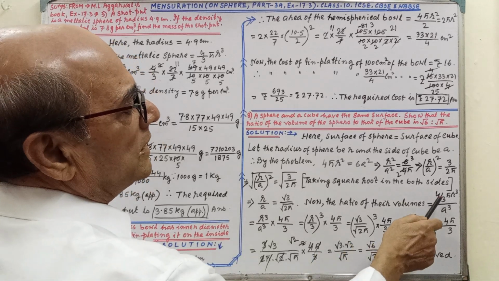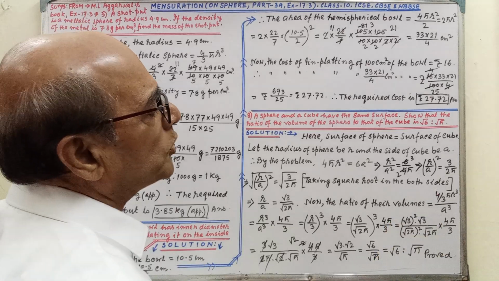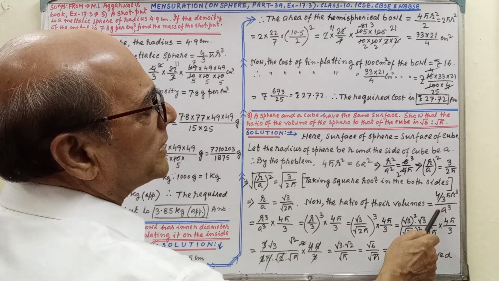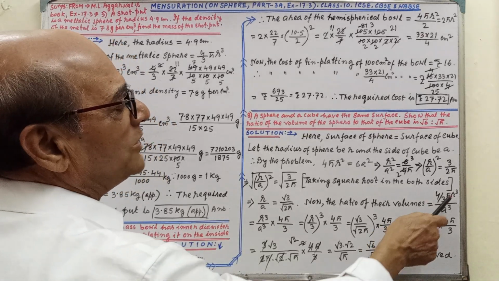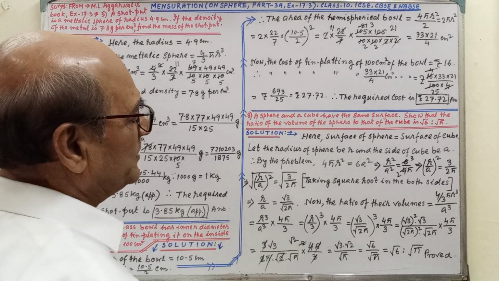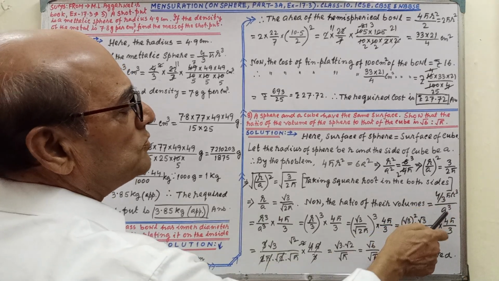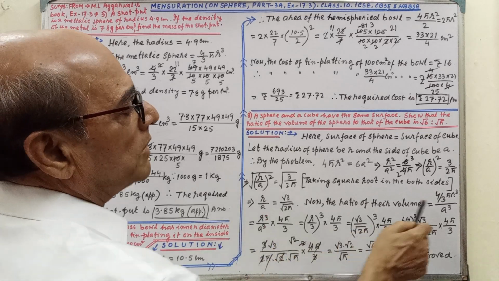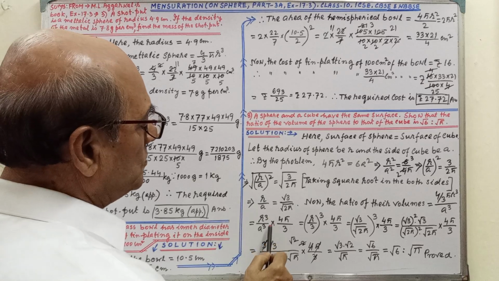Therefore, this is the volume of a sphere, 4 by 3 pi r cube, and volume of a cube, that is a cube. Then we have to put the value of r and a. After putting, we have to simplify. Here, this is r cube by a cube, and this is 4 pi by 3.